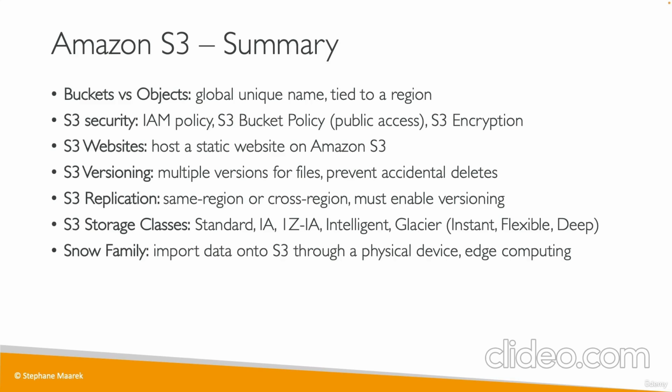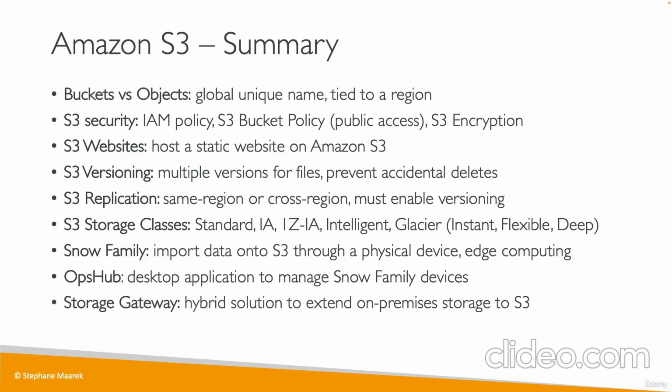You have the Snowmobile, the Snowcone, the Snowballs, and so on. And if you use a Snowcone or a Snowball Edge device, then you can do edge computing on your data. OpsHub is a way to get a desktop application to manage your Snow family devices and add data onto them. And finally, we've seen a way to extend on-premises storage onto Amazon S3 that is using the AWS Storage Gateway.